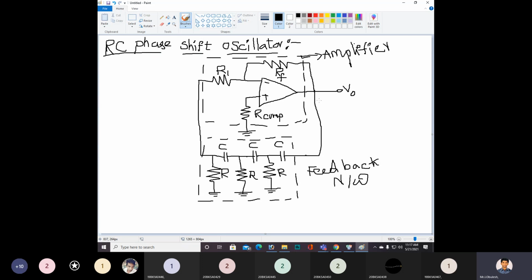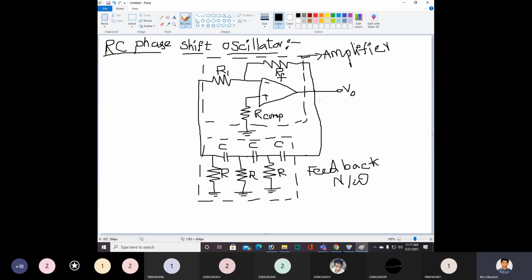See, the RC phase shift oscillator consists of an op-amp as the amplifying stage and 3 RC cascaded networks as a feedback circuit.